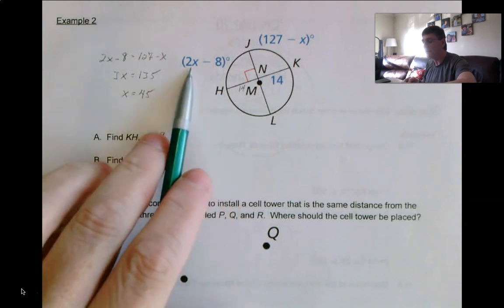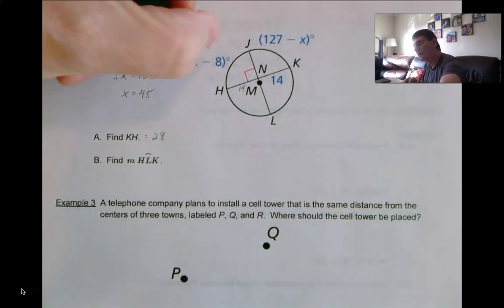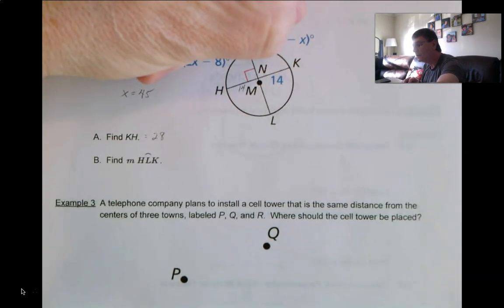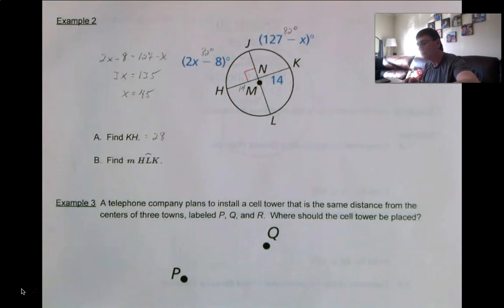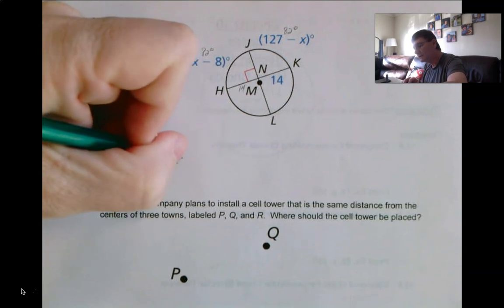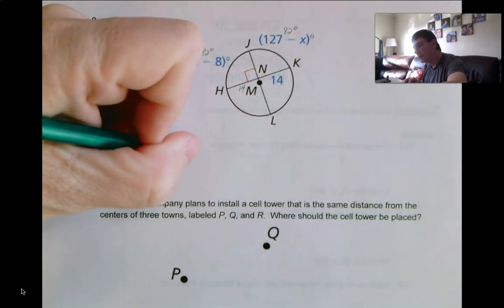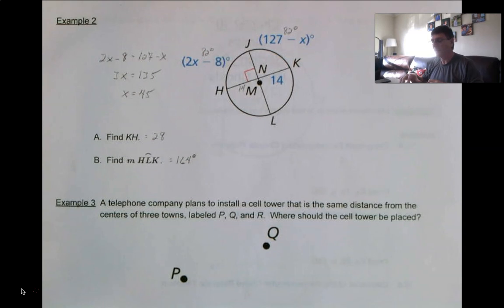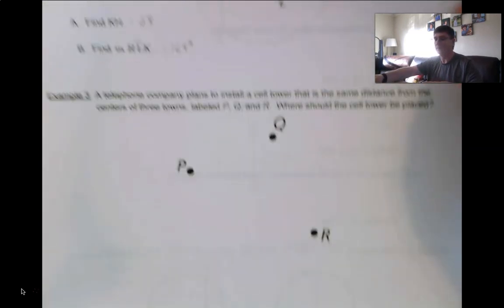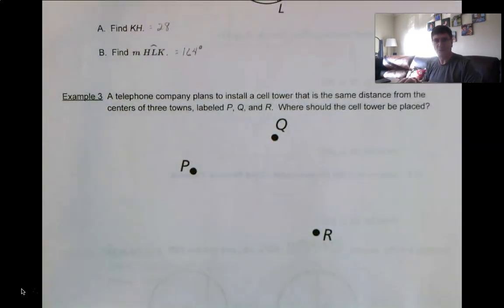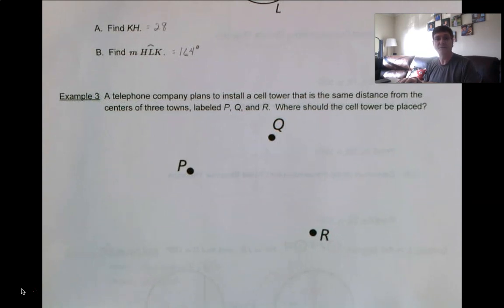So 90 minus 8 is 82, 82, making this 164 degrees.